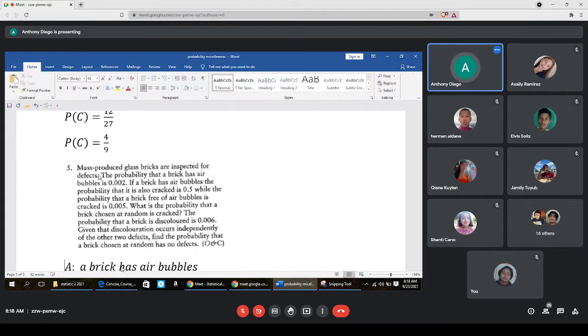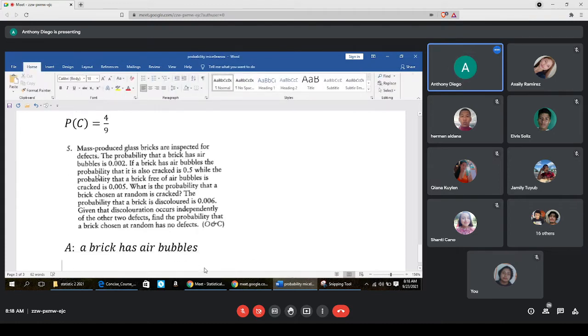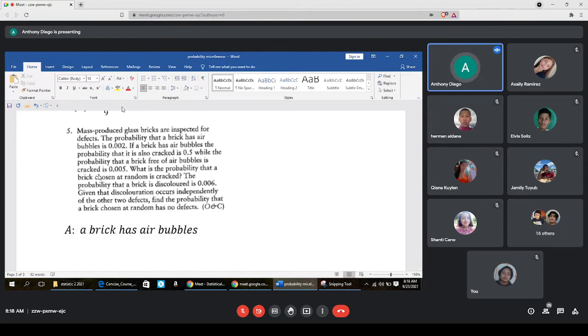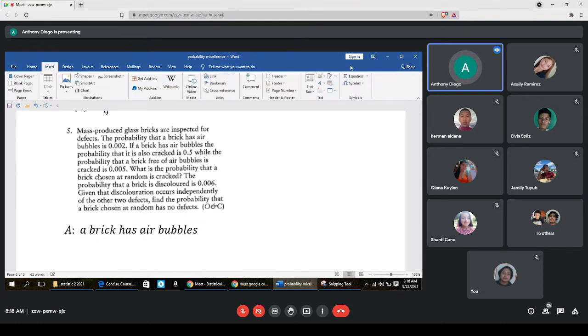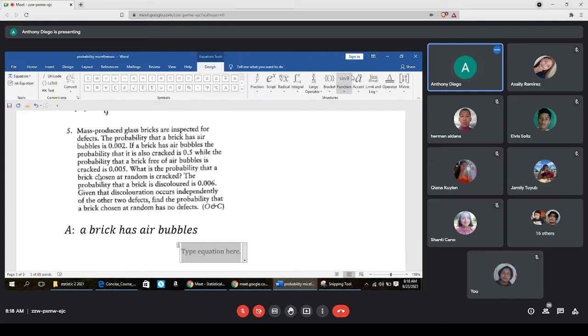And then we mentioned that we're going to be using C to indicate that the brick is cracked, the event that the brick is cracked.